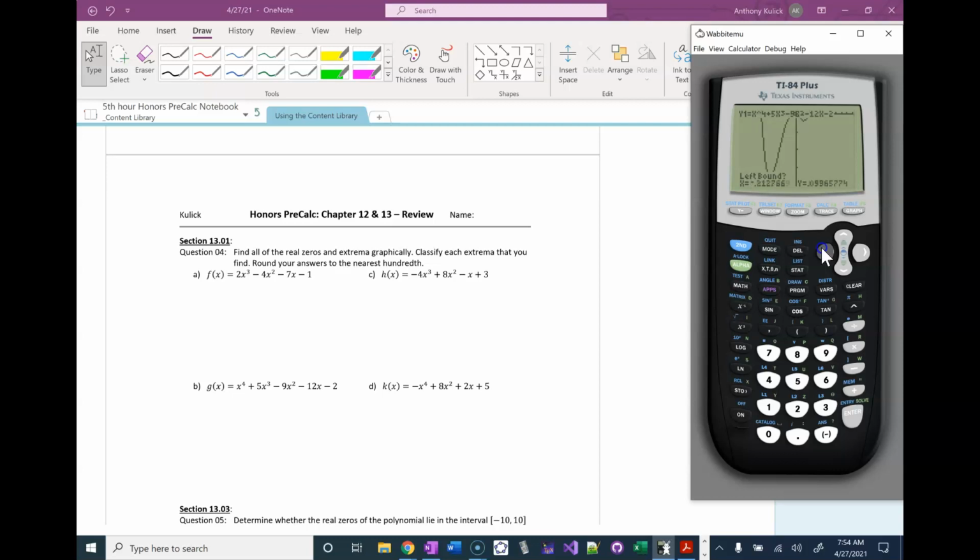I pick the minimum command and it asks for the left bound, right bound, and guess. I move to the left side and press enter, move to the right side and press enter, then press enter on a guess. So my global minimum is at negative 4.588258, and so on. Then I repeat the same process for these 2.